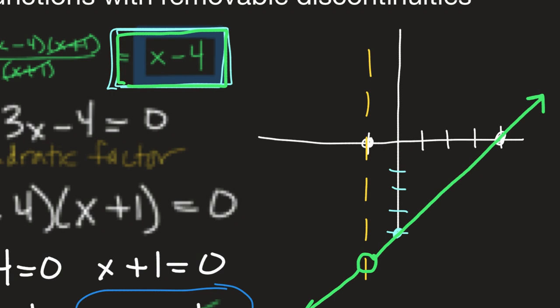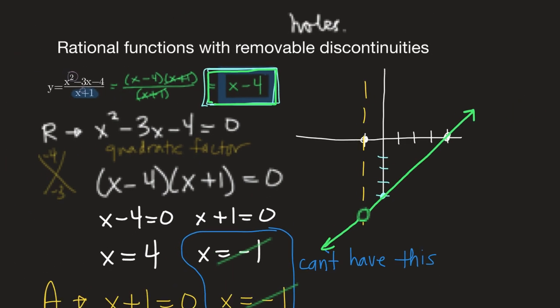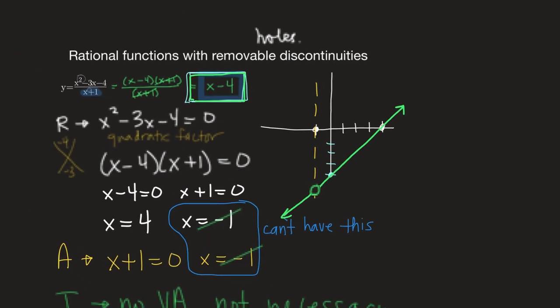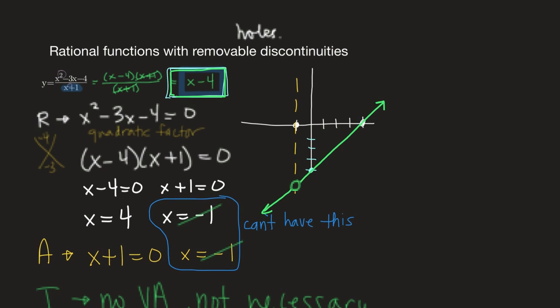Has a positive 1 slope, has a negative 4 intercept, except for where we get to what used to be an asymptote, right? But we still have to have that there as our removable discontinuity. From your original equation, x cannot be negative 1, so when our graph crosses negative 1, we have to have a hole there. Okay, so that's the important part to remember about all of these removable discontinuities.